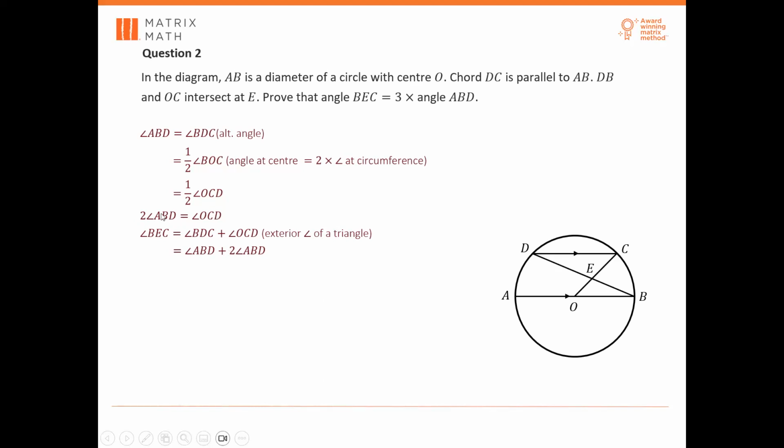Okay, OCD equals to 2ABD, right? So OCD equals to 2ABD and BDC equals to ABD. So this in total will equals to 3 of angle ABD, proved. So that's done with question 2.